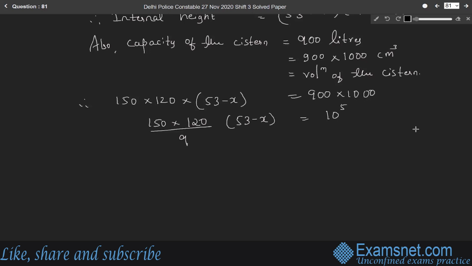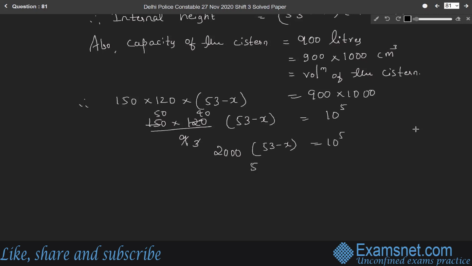Yes, so it is nothing but 50 into 40, which is 2000 into 53 minus x, equal to 10 to the power of 5.